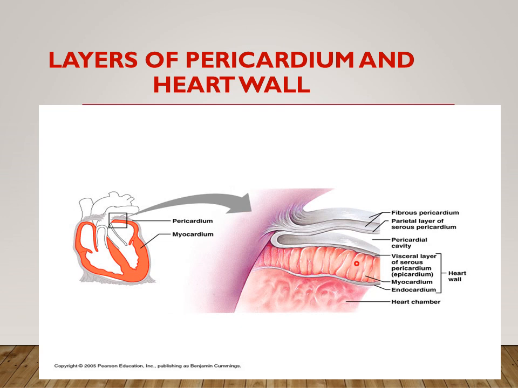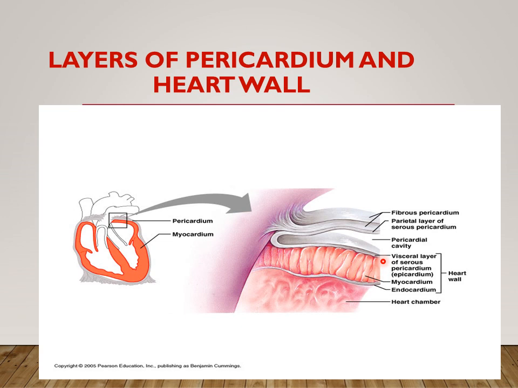The pumping action of the heart is the result of rhythmic contraction and relaxation of the cardiac muscles. Then there is the outermost coat, the epicardium of the heart. This makes up the external lining, and it is composed of simple squamous epithelium. This is actually the visceral layer of the pericardium, which lies very close to the heart surface.